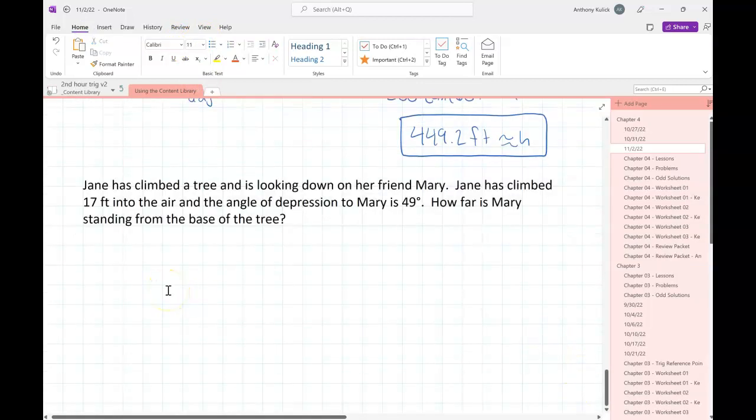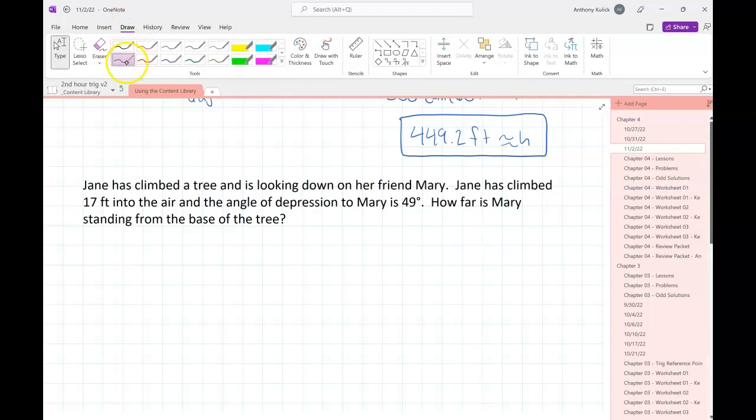All right. Jane has climbed a tree and is looking down at her friend Mary. Jane has climbed 17 feet in the air, and the angle of depression to Mary is 49 degrees. How far is Mary standing from the base of the tree? So I'll start by drawing myself a picture.